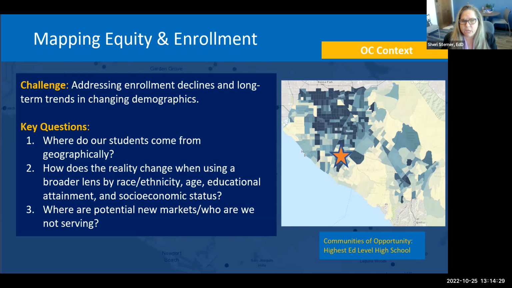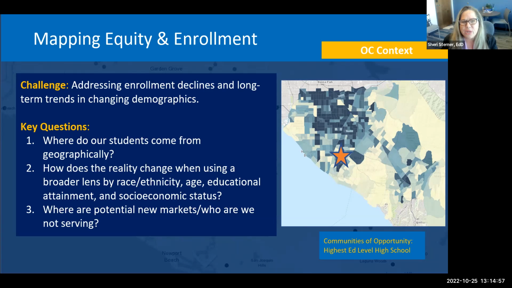We wanted an equity-forward approach, because over the past 15 to 20 years our student base has changed dramatically. We went from a white majority to a majority non-white student body, with our Hispanic and Latinx population growing at a rapid rate.